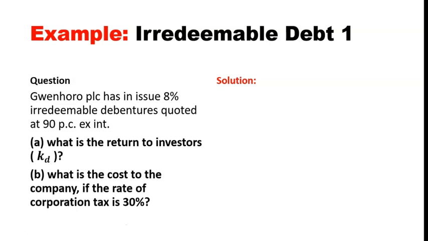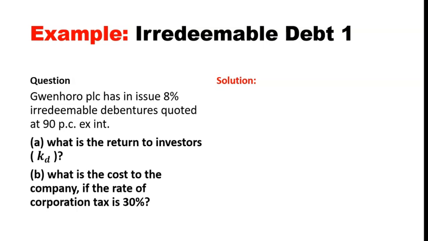Euro PLC has in issue 8% irredeemable debentures quoted at 90% ex interest. What is the return to the investor, that is KD, and what is the cost to the company if the rate of corporation tax is 30%?